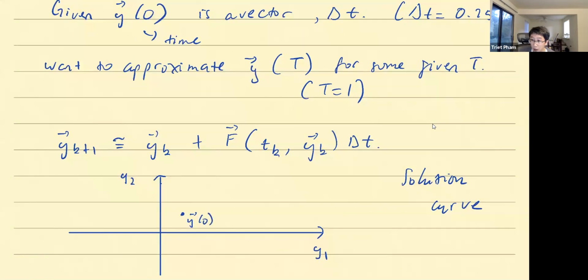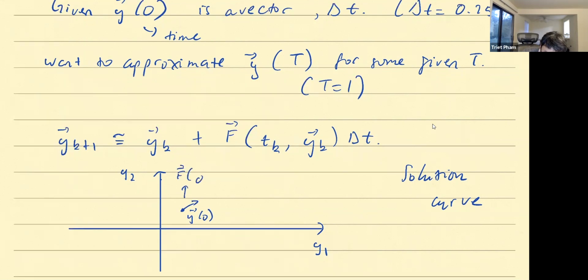Well, this is where the vector field starts to give you a meaning. The vector field at this point is exactly f at 0, y0.